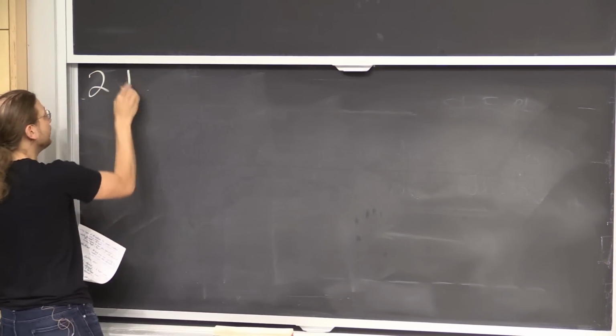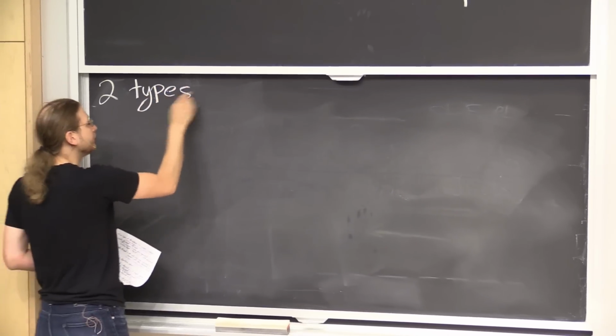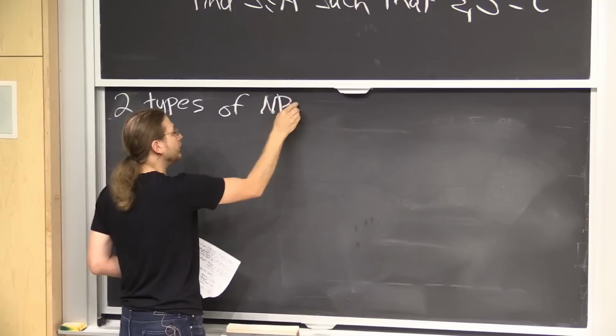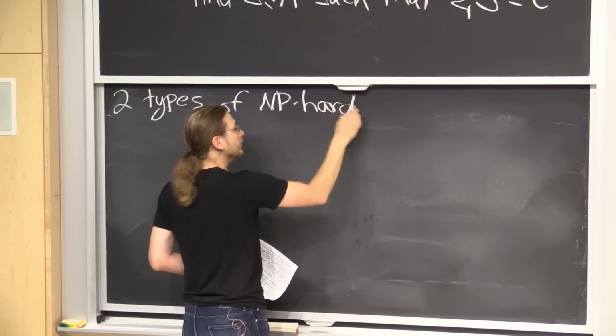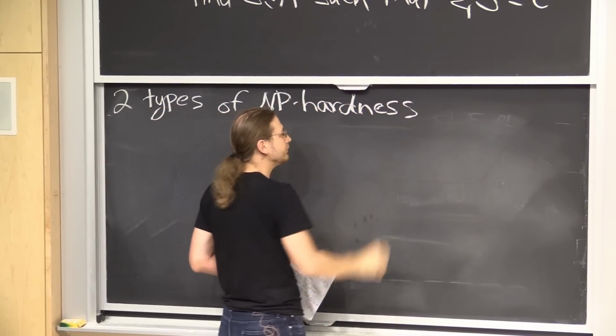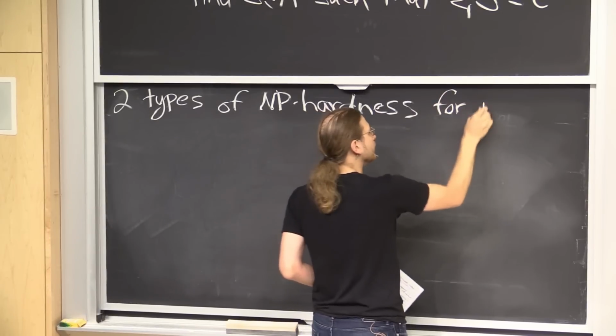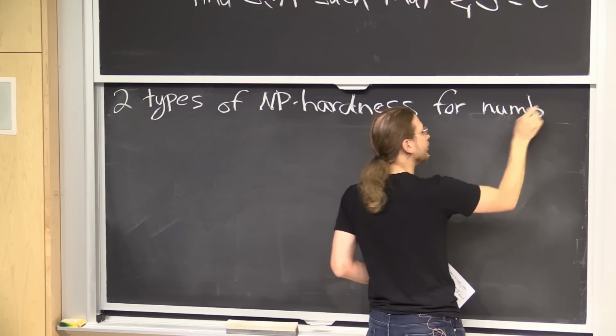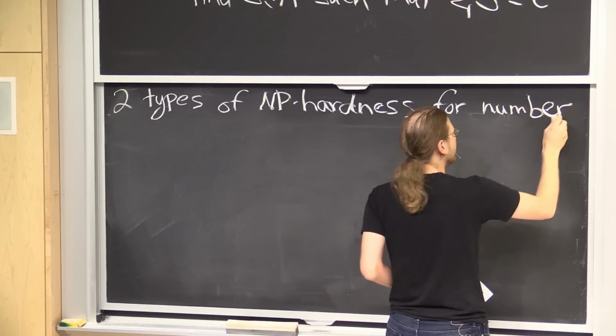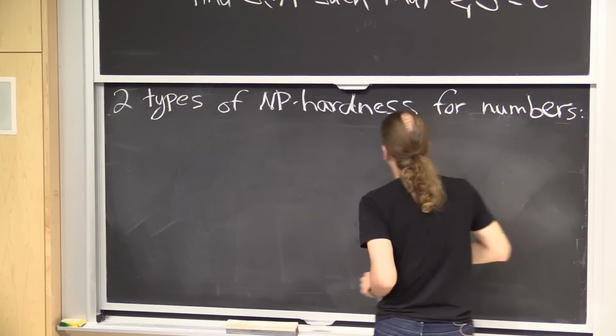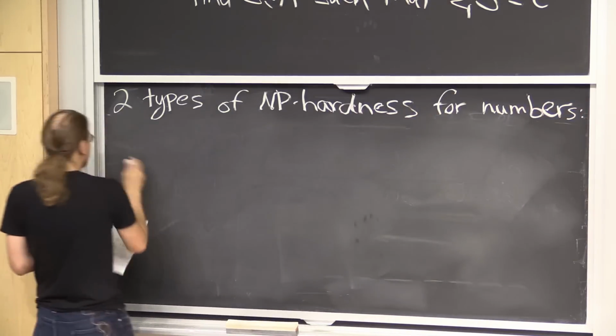So there are 2 types of NP-hardness for number problems. If your input is a graph, these 2 notions are the same, so you don't need to worry about it. But when your problem has integers as input, then there are 2 types.